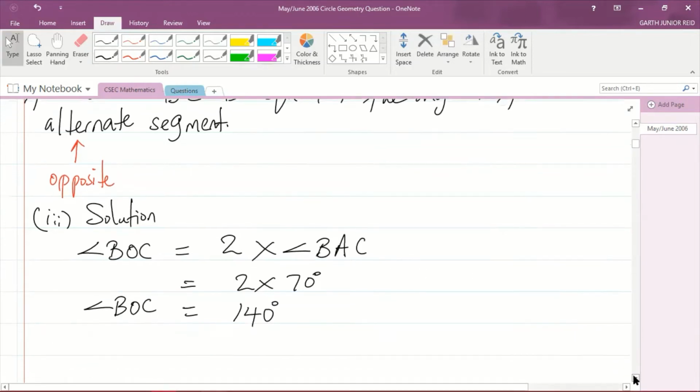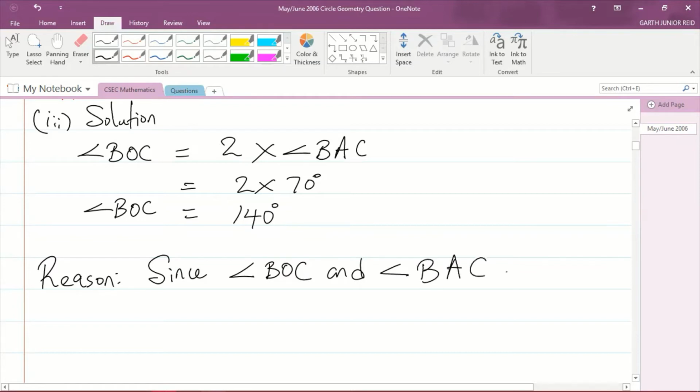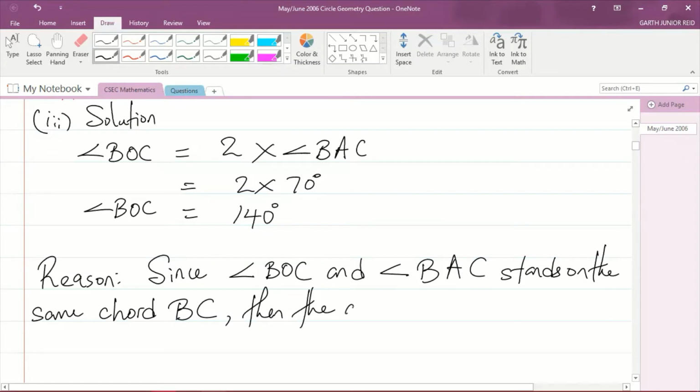Let us just write our reason now here. Our reason is that since the angle BOC and the angle BAC stand on the same chord, which was the line BC, that chord there, then the angle at the center is twice the angle at the circumference.